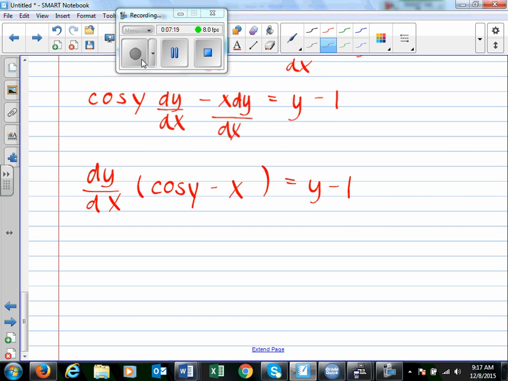Whatever you do, you group it, right? And now we divide both sides by cosine y minus x.